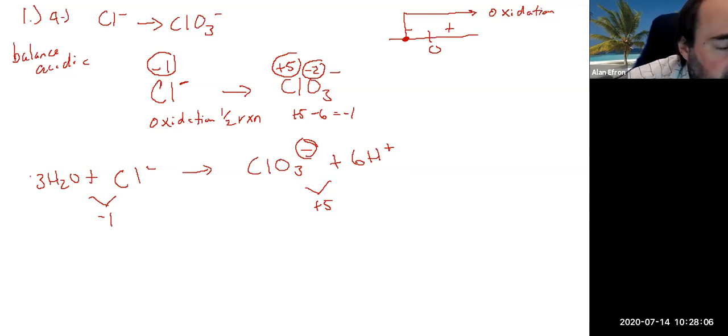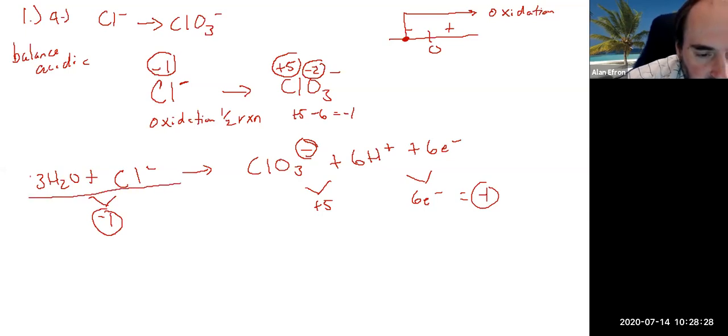Remember that to balance out the charge, we're adding electrons, which means the side on the right here actually needs 6 electrons. Because if I now add my 6 electrons, plus 5 and minus 6 gives me minus 1 and minus 1.